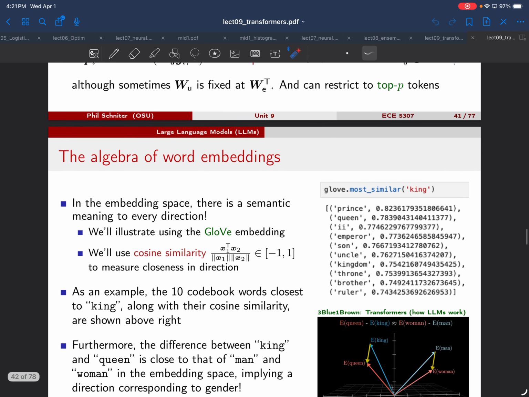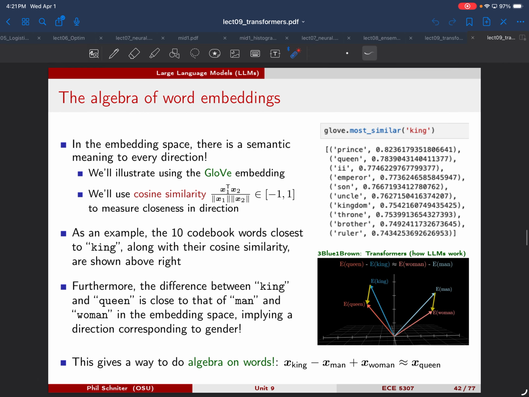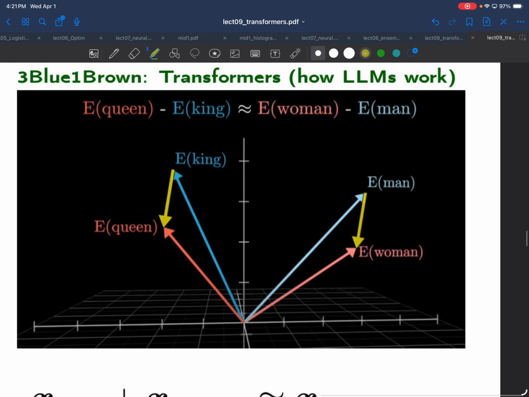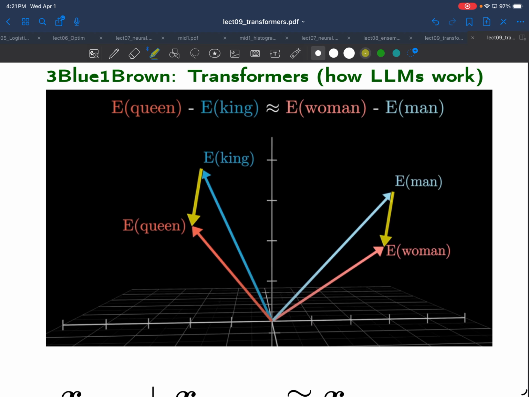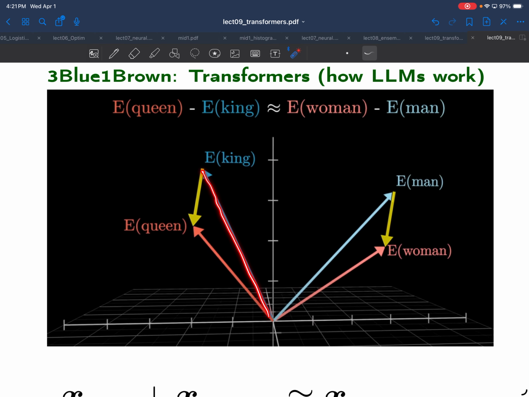Okay, now let's talk a little bit more about these embeddings. These are actually pretty cool. There is a semantic meaning to every direction in the embedding space. As a visualization, if you look at the embedding for the word king, which is this vector, and the embedding for the word queen, that might be this vector.